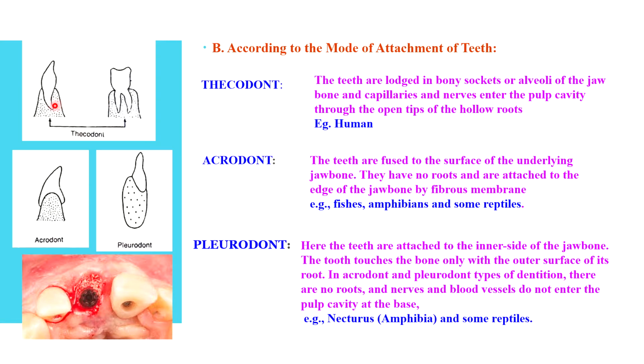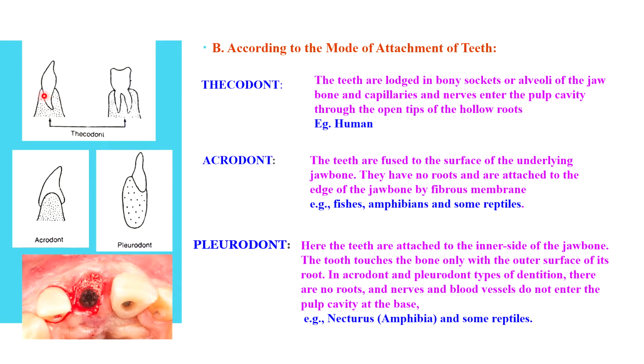That means the tooth is buried inside the socket, or the alveoli of the jaw, and the root, or the pulp cavity, is situated inside the dentine. It has the capillaries and the nerve, and through this it gets the nourishment.